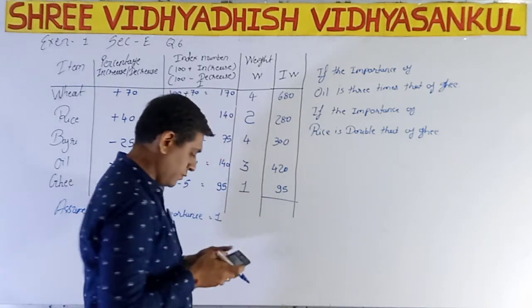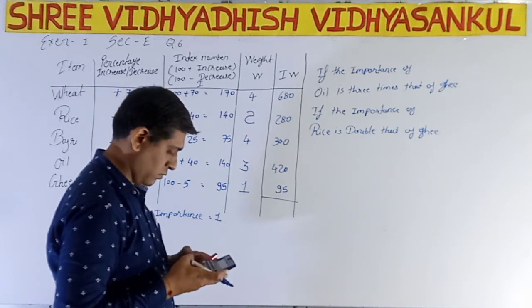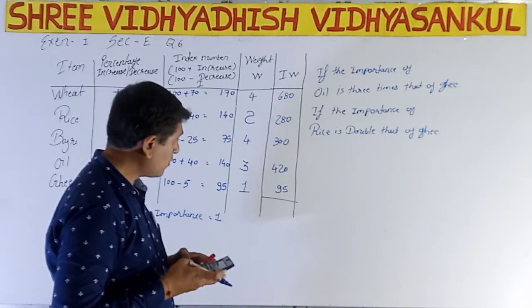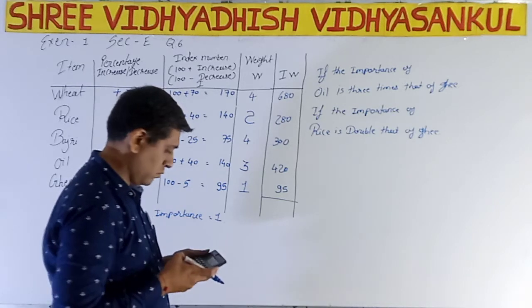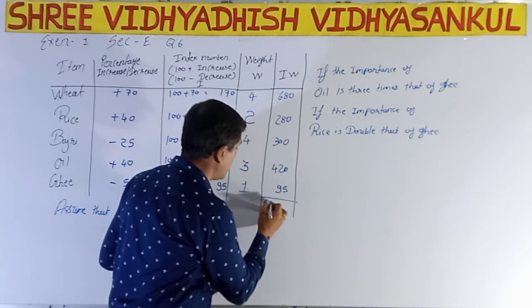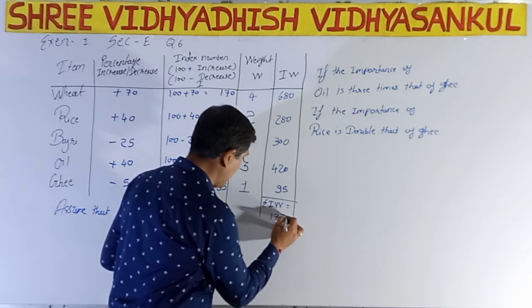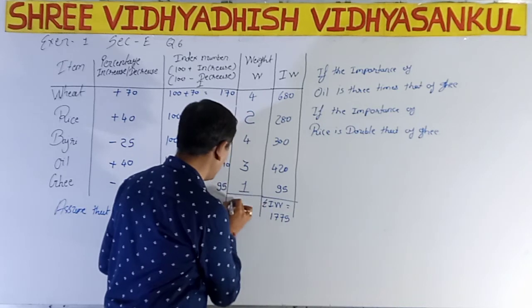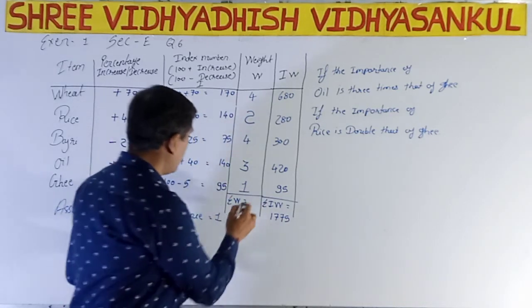What is the total? 1775. Sigma IW is equal to 1775. And what is sigma W? The total of these, 14.